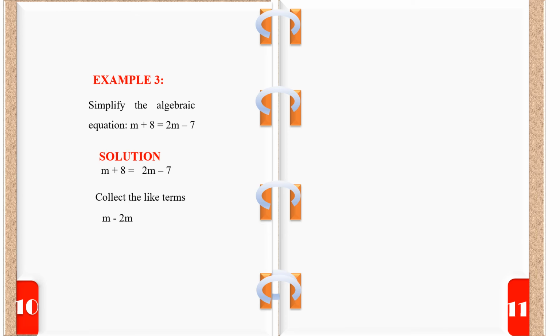So you now have m minus 2m equals minus 7 minus 8, since 8 turns to minus 8 when crossing. So m minus 2m gives us minus m, and minus 7 minus 8 gives us minus 15. It means our m equals 15.